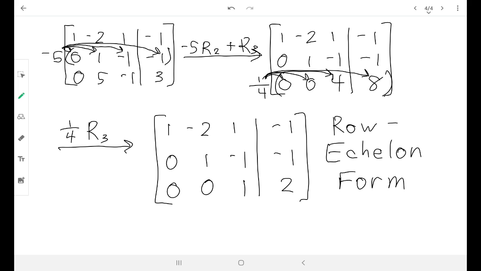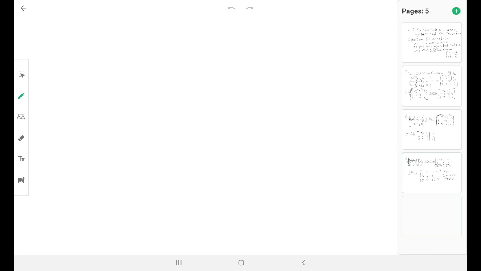Now, how does that help us solve the actual equation? Well, it gives us new equations to deal with. So let me start that on a new page.